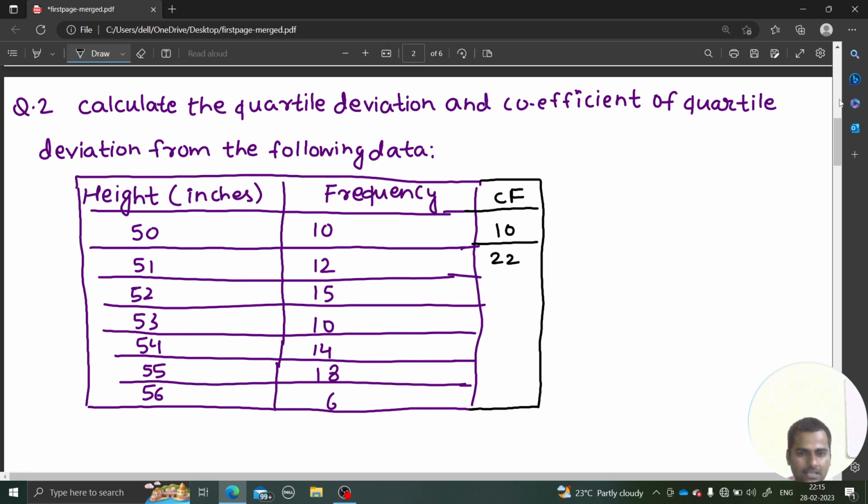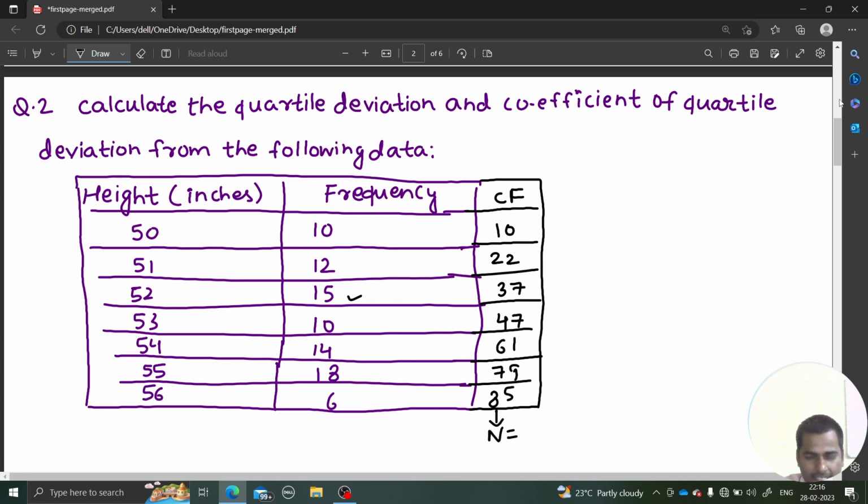Now you will add the next frequency, which is 15 to that. So this becomes 37. Add the next frequency, which is 10, so 47. Add the next frequency and it becomes 61, then 79, then 85. So whatever is the last number which you are getting, that will be your n in this case.